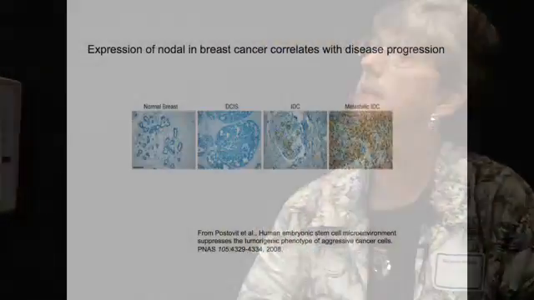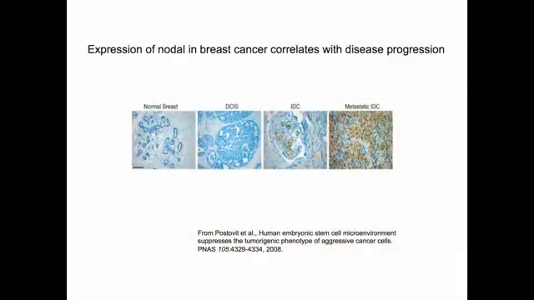And I'm going to show you an example right here, again from Mary Hendrix's lab, the same paper in which they looked at the expression of that same protein nodal in normal breast and then in tumors of increasing aggressiveness. So this is a normal breast tissue, and now the brown color is nodal expression.